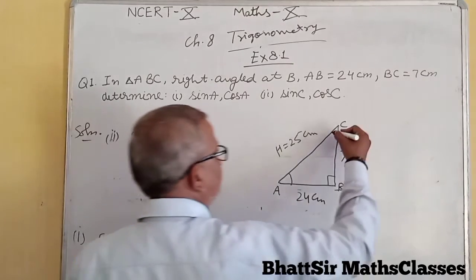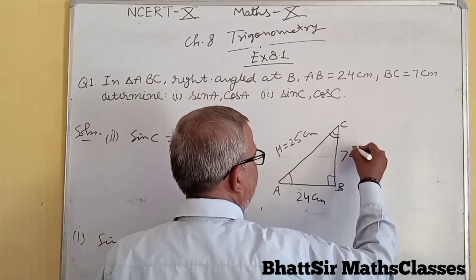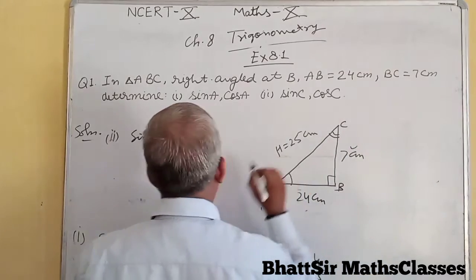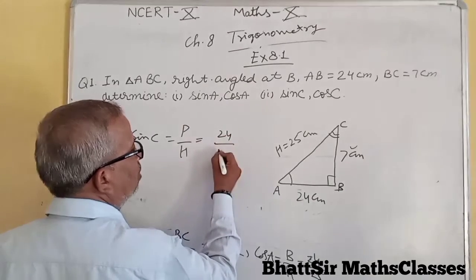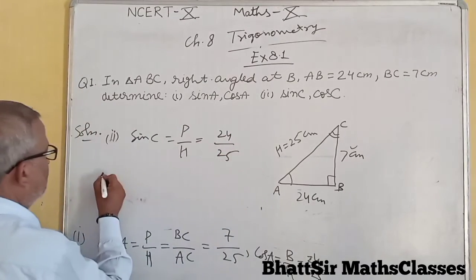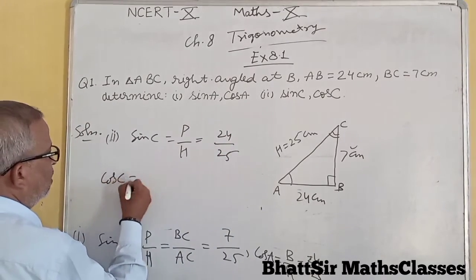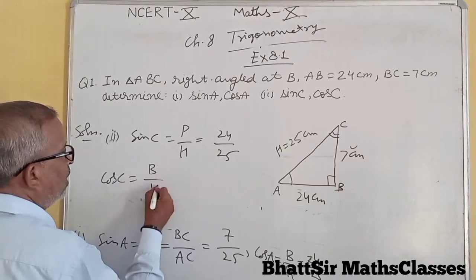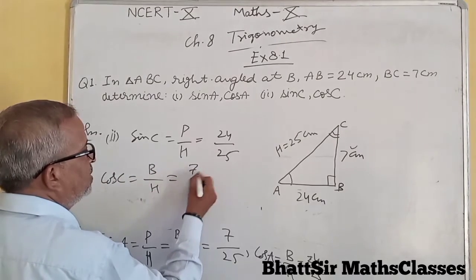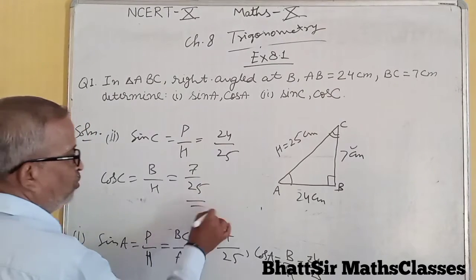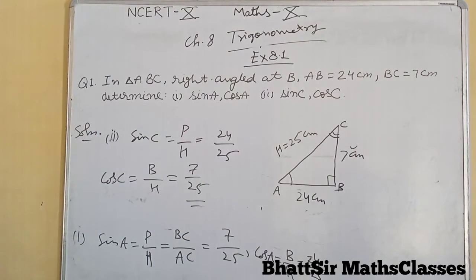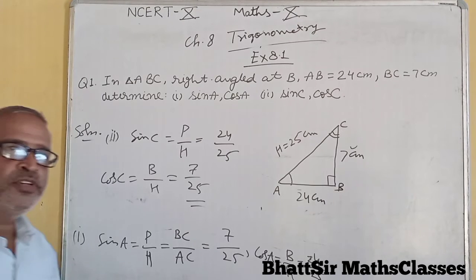For this angle, it is the base, it is the perpendicular, it is the hypotenuse. So perpendicular 24 upon 25. Cos C is base over hypotenuse, which means 7 upon 25. Answer is over. So write down in notebook. I am giving a few seconds to you.